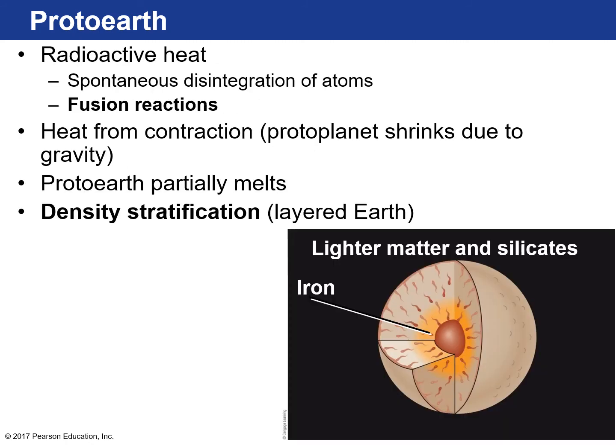And then as the Earth heated up, a lot of the lighter material, or lighter elements, started to float towards the outer edges of the Earth, from the interior. A lot of the denser material, like iron and nickel, because it's heavier and denser, when you heat something like that up, it sinks towards the center. It's like if you boil milk, right? If you boil milk, the cream rises to the top.